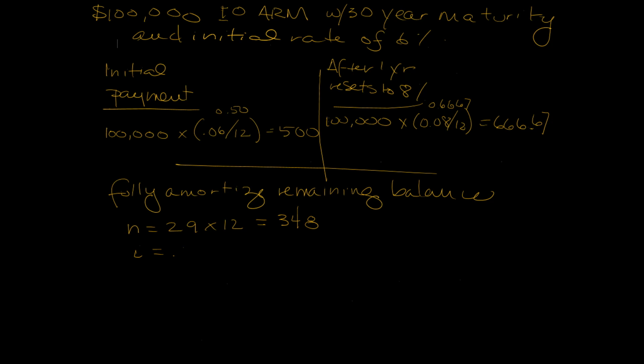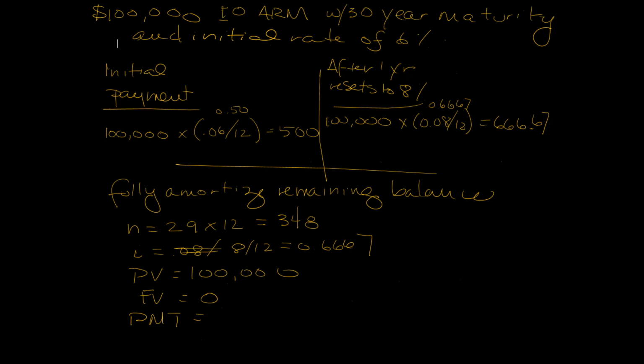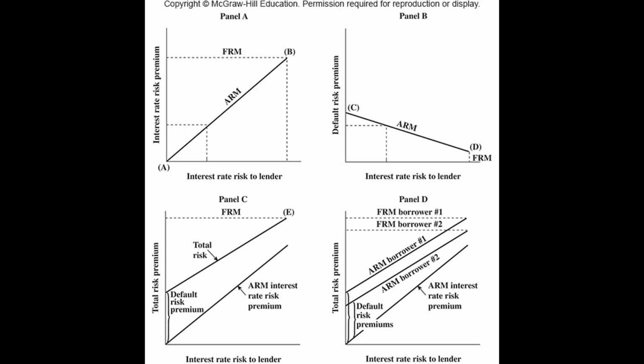The present value will be $100,000 because they'd only made interest payments up to this point, so the principal stays the same, and the future value will be 0 because we're wishing now to fully amortize the loan. If we solve for payment, we will get a payment of $739.95.